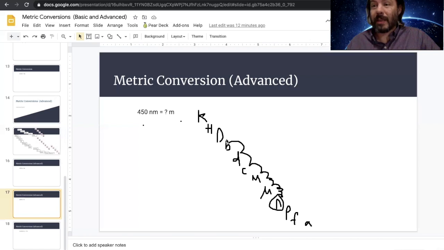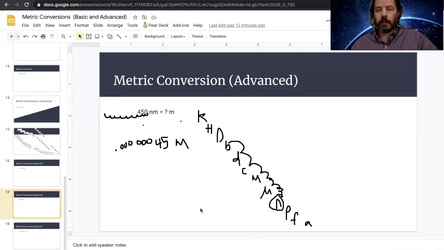Nano literally means 9. So we're going to be dividing by 10 nine times, or move the decimal 9 times. 1, 2, 3, 4, 5, 6, 7, 8, 9. So then I fill in all those with zeros. So 0, 1, 2, 3, 4, 5, 6, and then 4, 5. And that would be in meters.